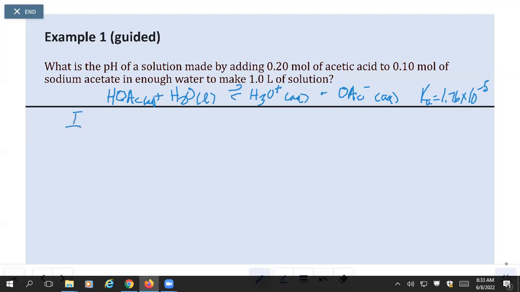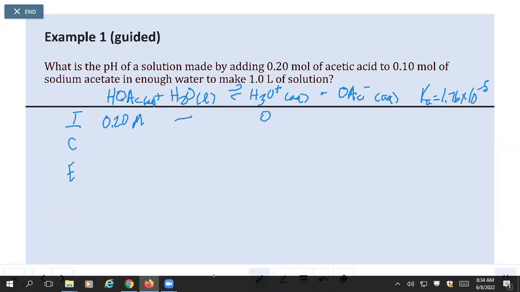Now, here's where these problems can get tricky, because if we're building out our ICE table here, we're starting with, it's a liter of solution, so all the moles can get turned into molarity immediately. We're starting with 0.2 molar acetic acid.